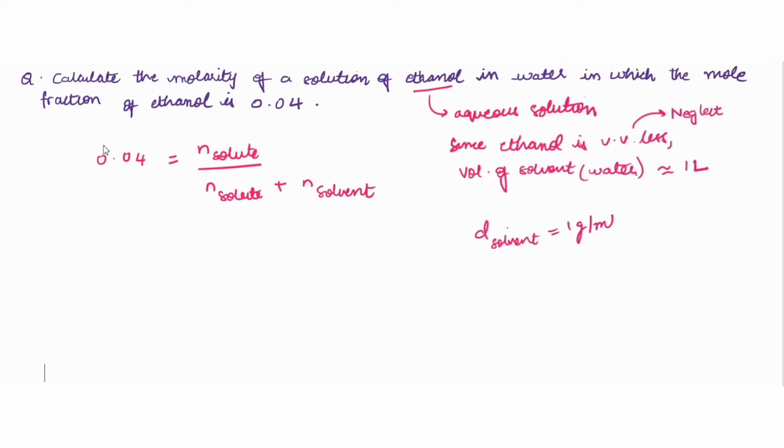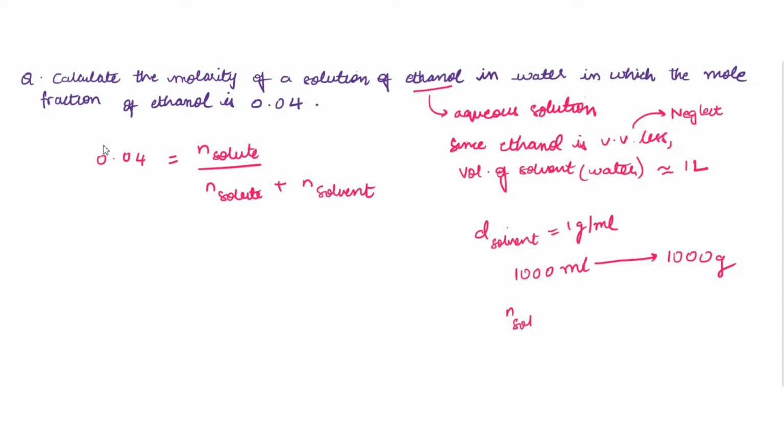So it is something you should know. Alright. So from the density of the solvent, since 1 gram has a volume of 1 milliliter, we can say that 1000 ml is equal to 1000 grams for water.